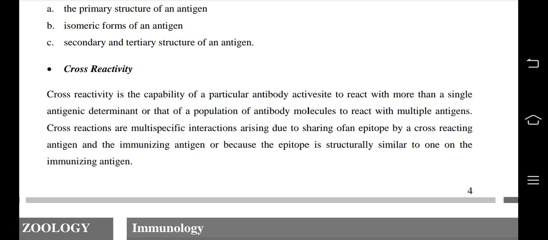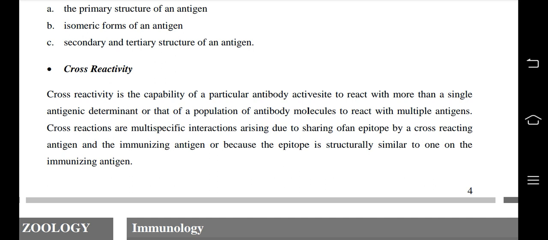Then cross-reactivity. Cross-reactivity is the capability of a particular antibody active site to react with more than a single antigenic determinant, or that of a population of antibody molecules to react with multiple antigens.